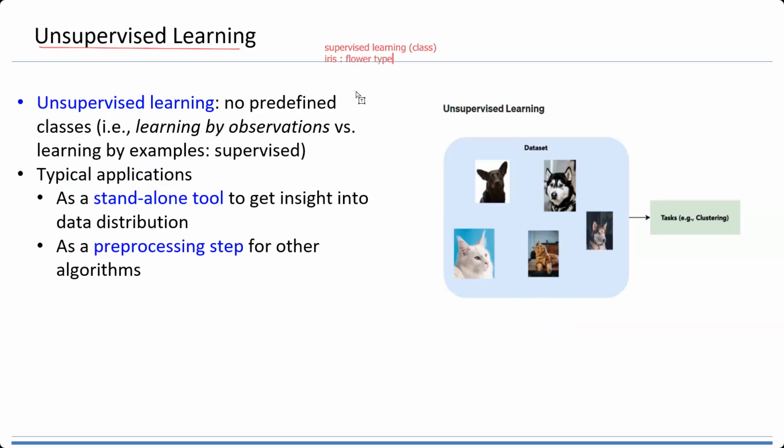For the advertising data set, what is the class? The class is the sales. For the golf data set, what is the class? The class is whether to play golf or not. So you have what we call the decision.